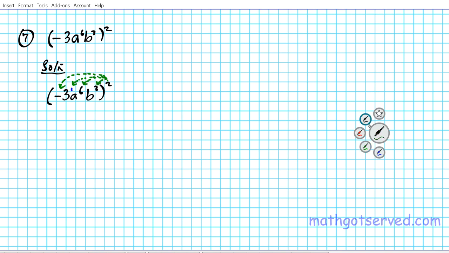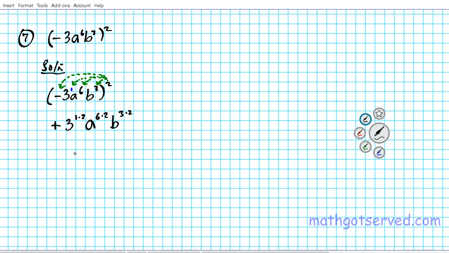Now what happens when you raise a negative number to an even power? It's always going to be positive because they all pair up and cancel and become positive. So when you raise this minus to the 2nd power, it becomes positive. So it's positive 3 raised to the 1 times 2, a raised to the 6 times 2, b raised to the 3 times 2.